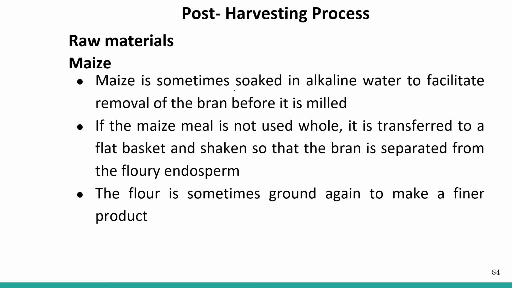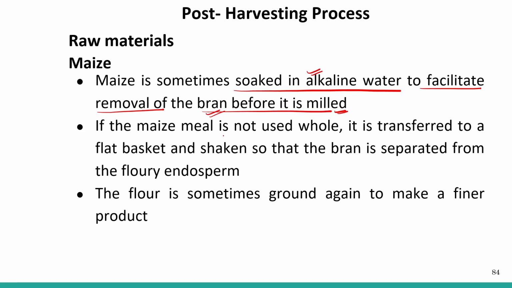Maize is sometimes soaked in alkaline water to facilitate removal of the bran before it is milled.